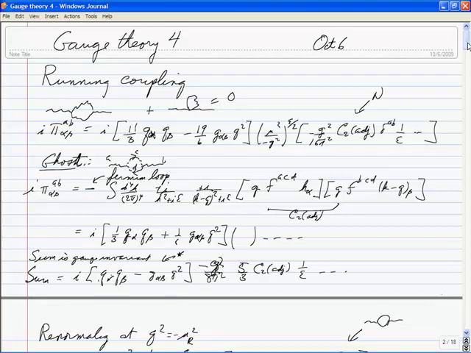So the rest of this is going to be dimensionless. It depends on q squared and mu squared. So the only ratio that's possible is q squared over mu squared, and it depends on them like this to that power by dimensional arguments again. So it goes like log m squared over q squared. So that must be how the infrared stuff behaves.